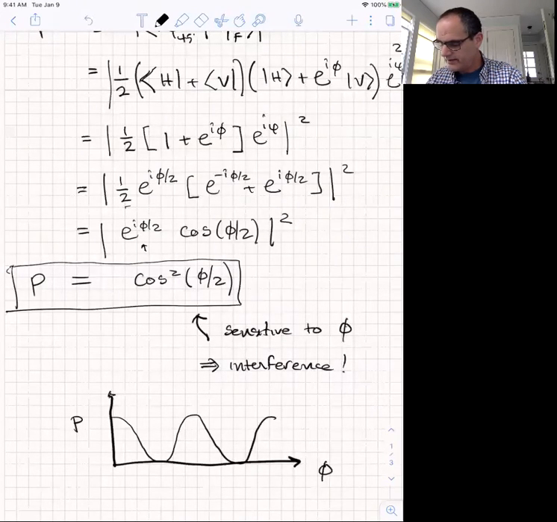So when the phase difference is 0, we should have a probability of 1. And when the phase difference is pi, we should have 0, and at 2 pi it should be maximal again, and so on. Okay? So in this case, quantum mechanics predicts that we will see interference.